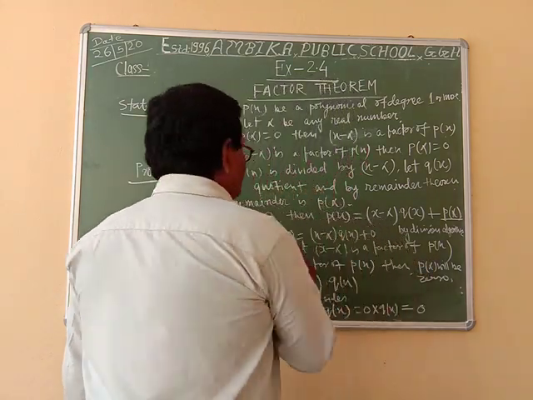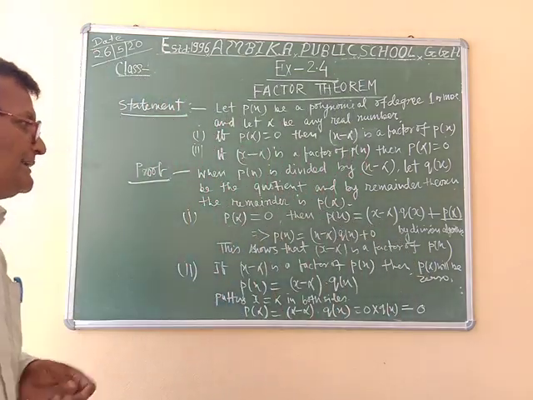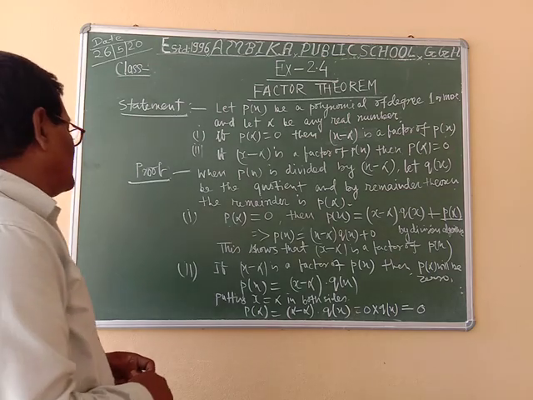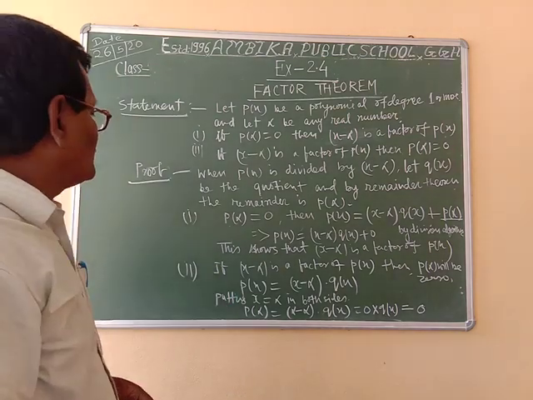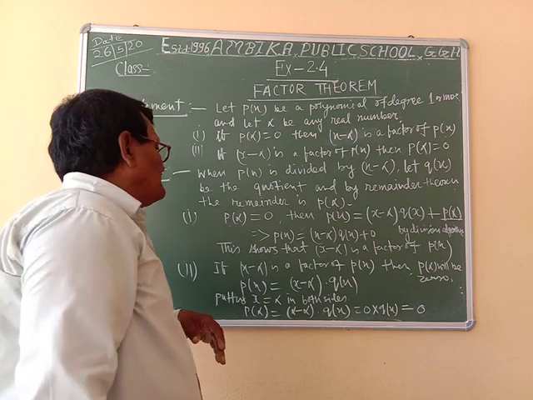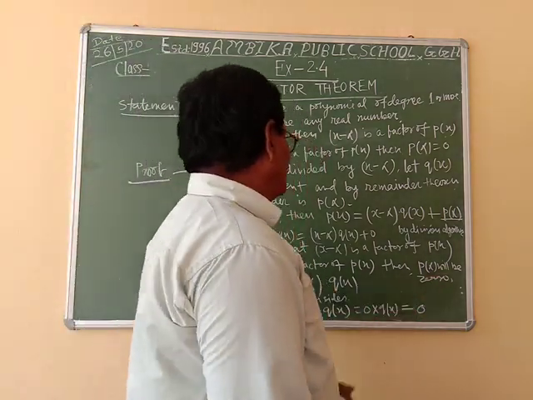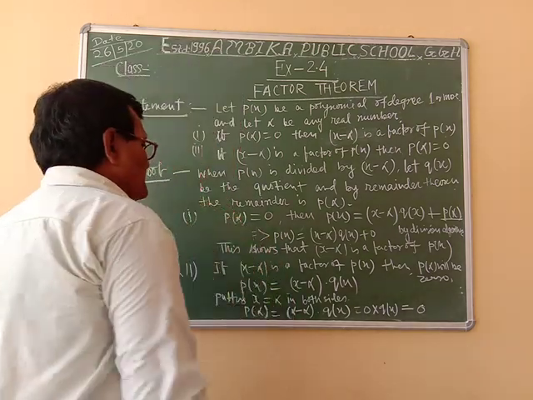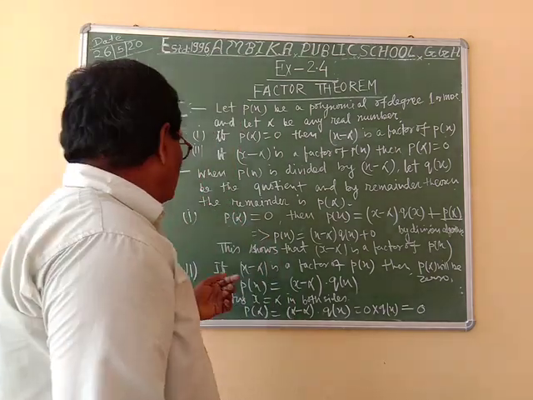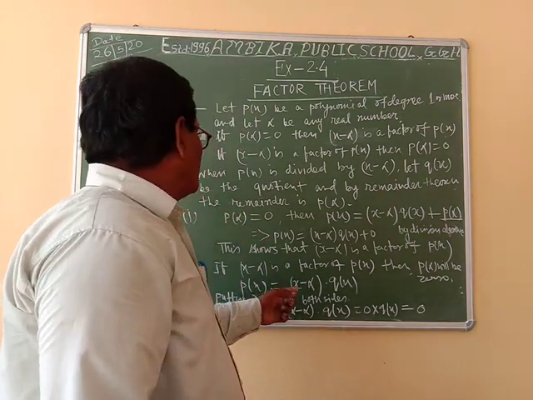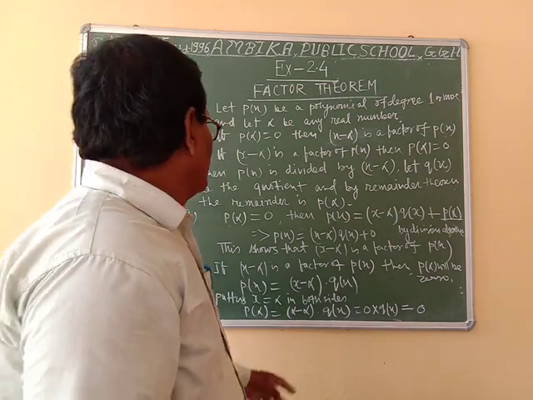This shows that x minus alpha is a factor of Px. And the second part of this theorem, if x minus alpha is a factor of Px, then the P alpha will be 0. By division algorithm, we know that Px is equal to (x minus alpha) into Qx.